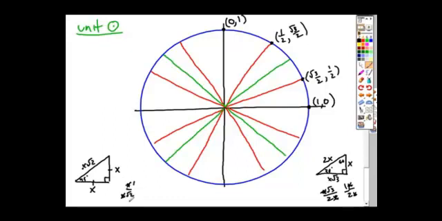So you wind up with 1 over root 2, and if you simplify that and rationalize it, it's root 2 over 2. Remember, you just move the radical up and divide by the number in the radical. And then our sine value is opposite x over hypotenuse x root 2, so what's that going to be? Same thing, 1 over root 2, which is equivalent to root 2 over 2.